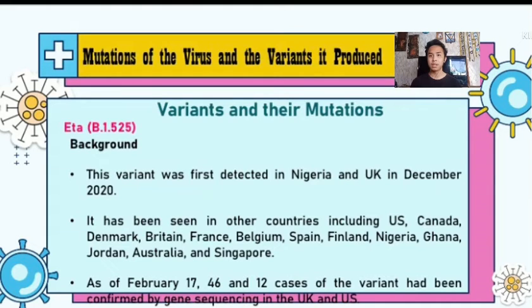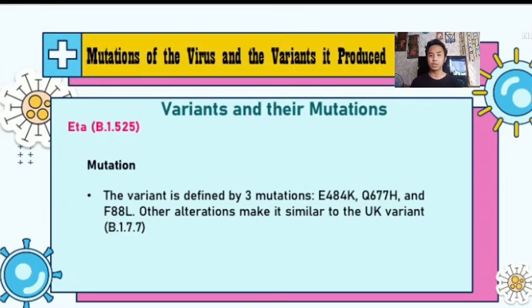It is also seen in other countries including the US, Canada, Denmark, Britain, France, Belgium, Spain, Finland, Ghana, Jordan, Australia, and Singapore. Three mutations define this variant: E484K, Q677H, and F888L. Other changes make it resemble the UK version, B.1.1.7. The biological properties of this variation, such as its infectivity, are still unknown and are presently being researched.